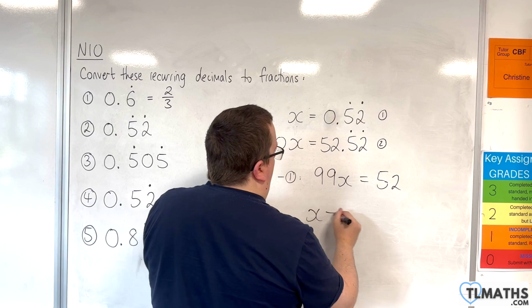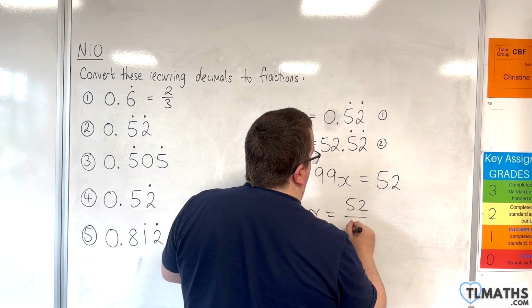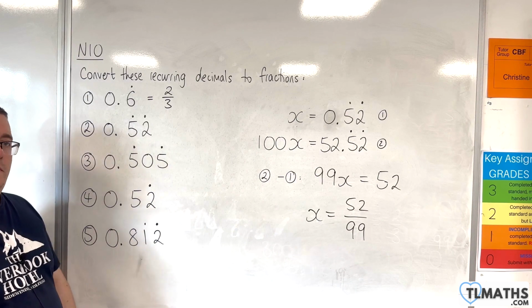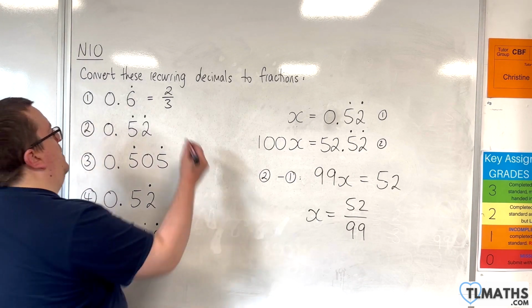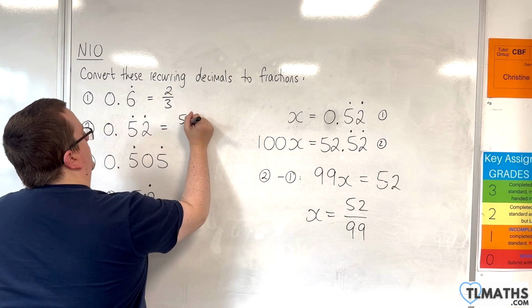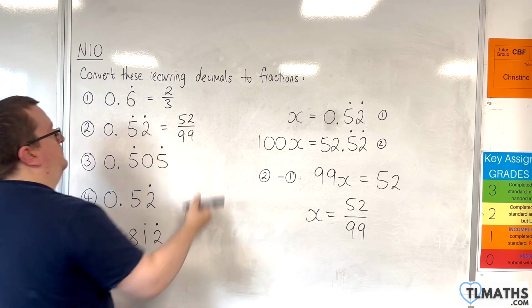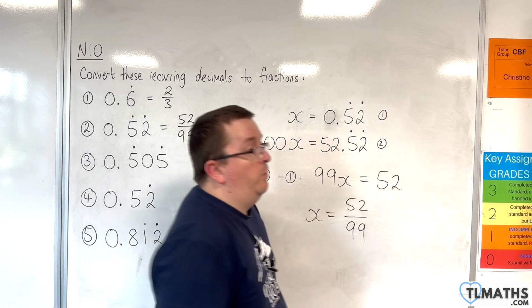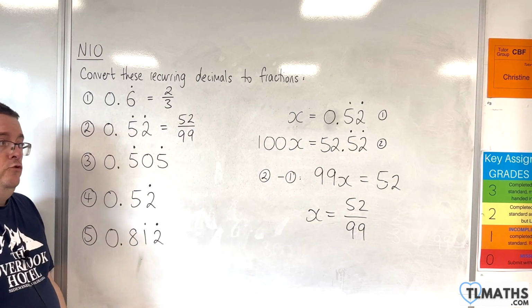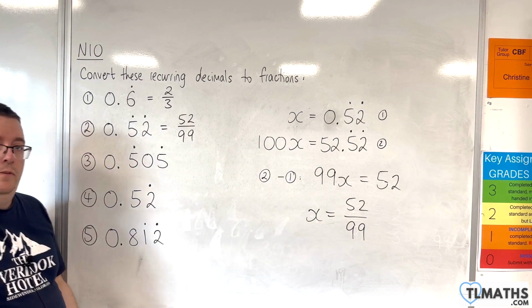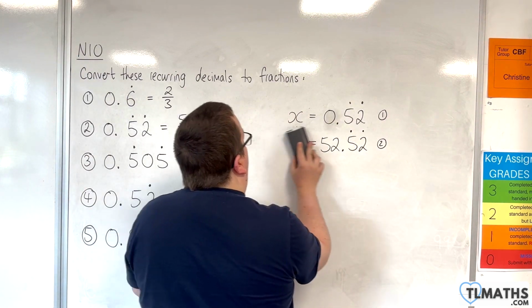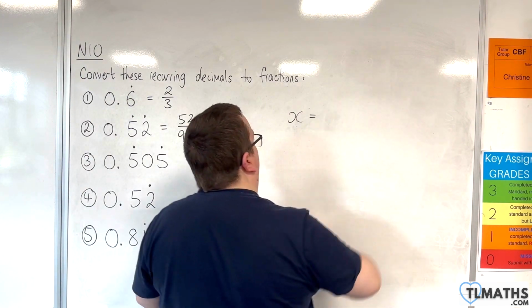So x is 52 over 99. Okay? And so that is what I was looking for. So sometimes you might need to multiply by 10, sometimes 100, sometimes 1,000, okay? And so on. Whichever way is going to sync those recurring parts up.